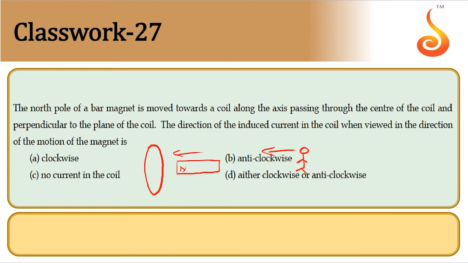So this is north pole. According to Lenz's law, it should repel the incoming north pole. So this should become north pole. This will become north pole when direction of current is anti-clockwise. So it must be option B. Lenz's law says whatever you do, it will oppose. So it must be anti-clockwise.